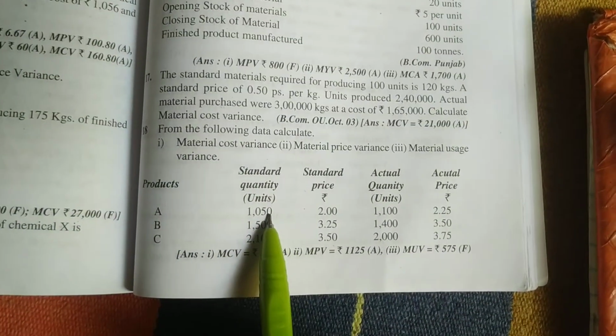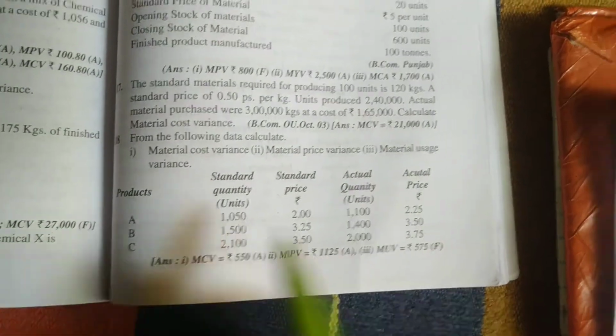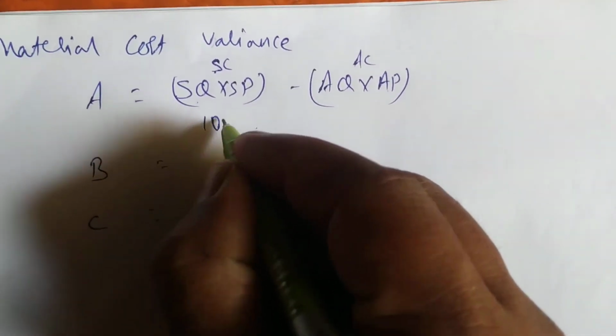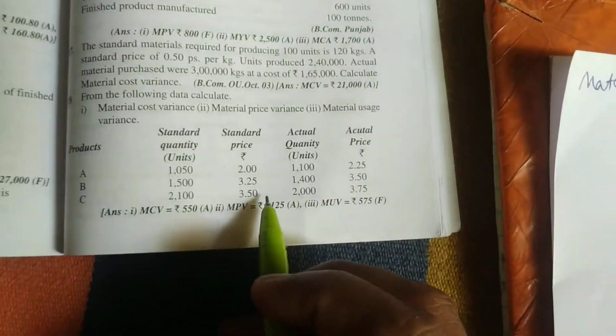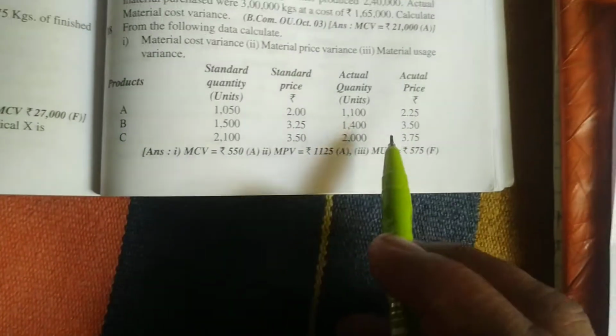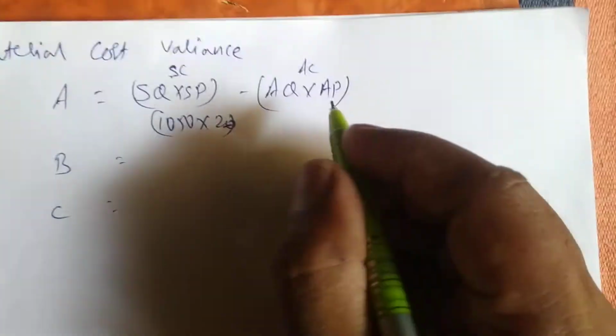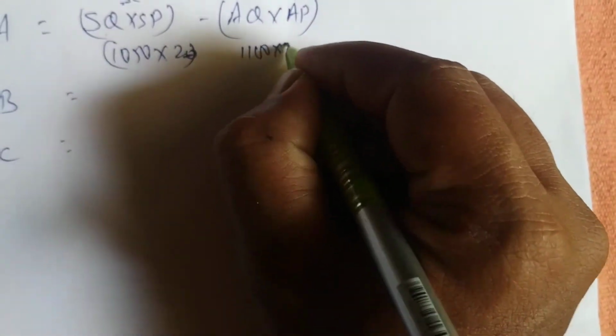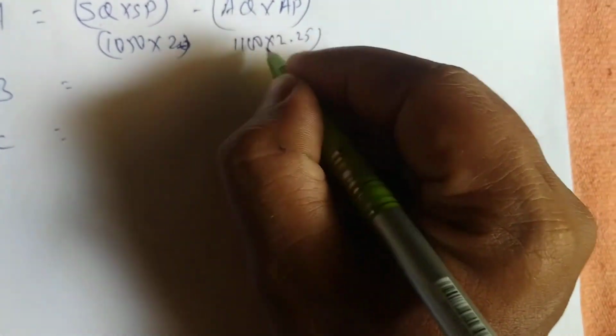So for standard cost, quantity for A is 1050. Let me write here 1050. Multiply this with 2 rupees. And actual quantity is how much? 1100 into 2.25. Okay, so the subtraction.